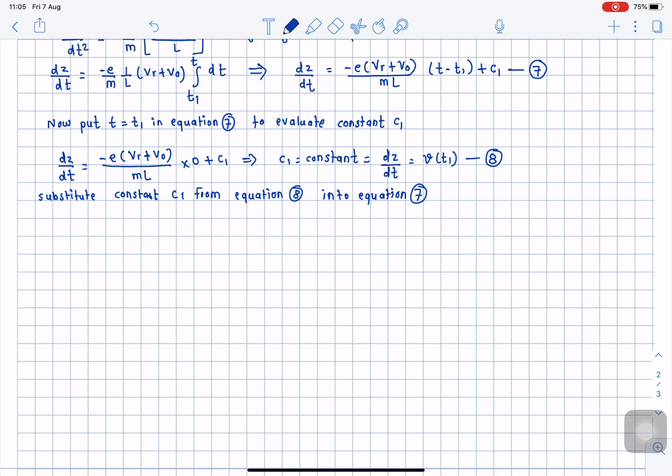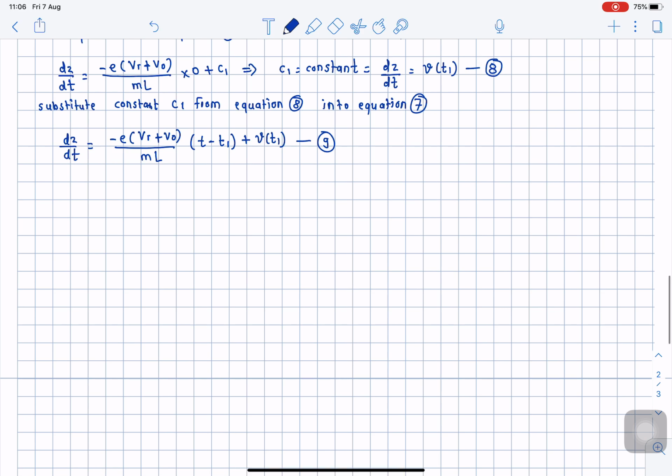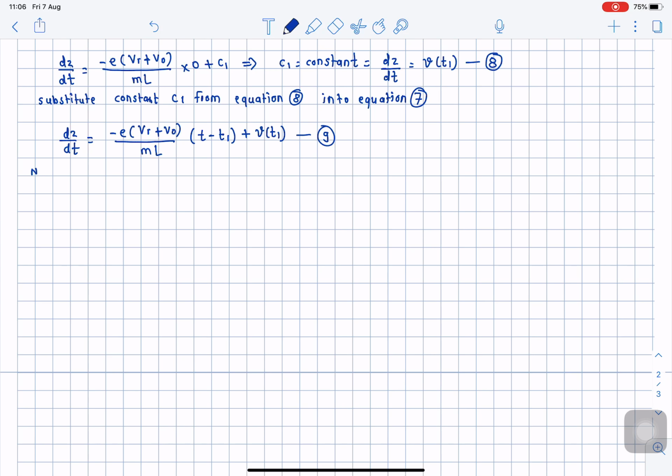We get dz by dt equal to minus e Vr plus V0 divided by ml, times t minus t1 as it is, plus this constant, which is equal to the velocity v of t1. Let us call this equation number 9 now. Now we again integrate on both sides.